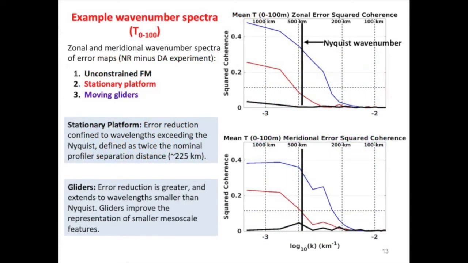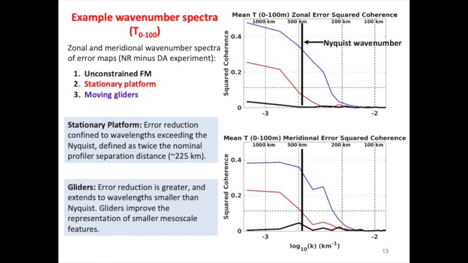Next slide. Look at this quantitatively in wave number space. I calculated wave number spectra. The top right panel shows the zonal error squared coherence for 3 cases. The bottom panel shows the meridional error squared coherence. The black horizontal line near the bottom, which shows insignificant coherence, is the coherence between the unconstrained forecast model and the truth represented by the nature run.